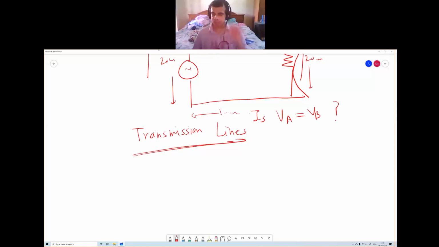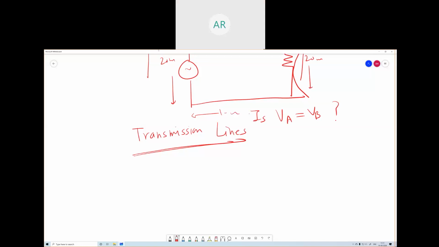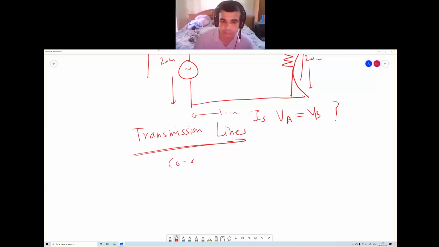It's a thick black cable. So this is one example of a transmission line. That type of wire is called a coaxial cable, or simply coax.